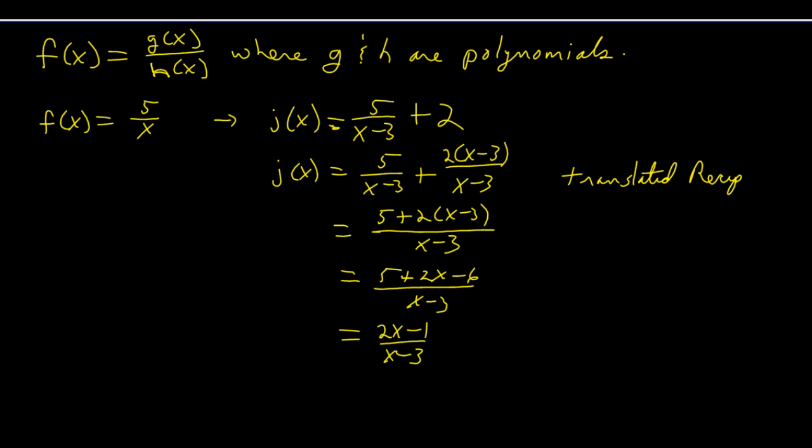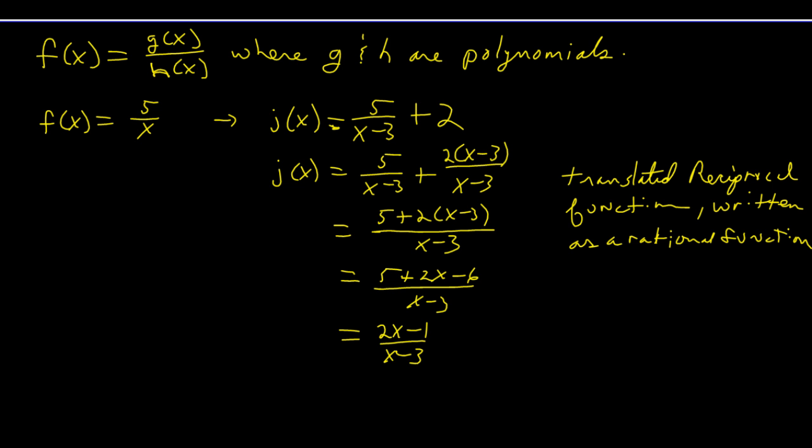Now I want you to notice that when I take a translated reciprocal function and write it as a rational function, it gives me a ratio of 2 linear functions.